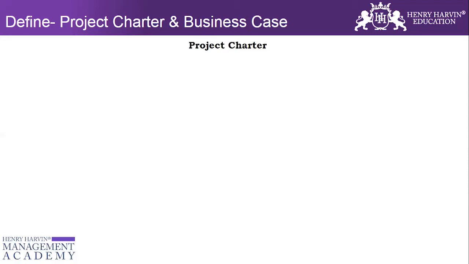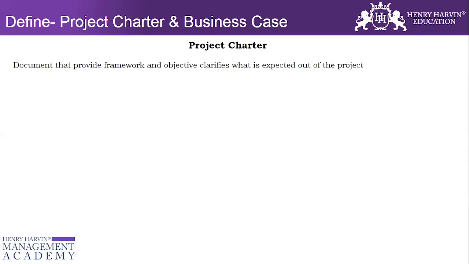So we are getting into the project charter now. As I said earlier, it's a document that provides the framework and objective and clarifies what is expected out of the project. There are a lot of things expected out of the project, which we will get into in detail, but this is just an outline. There are some activities which are performed under the project charter.